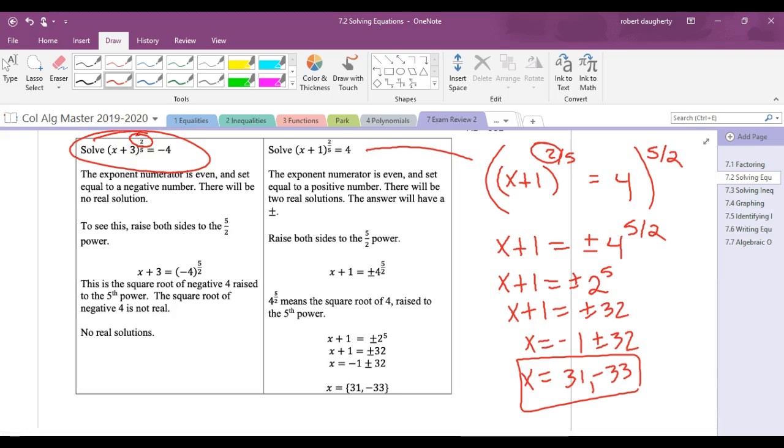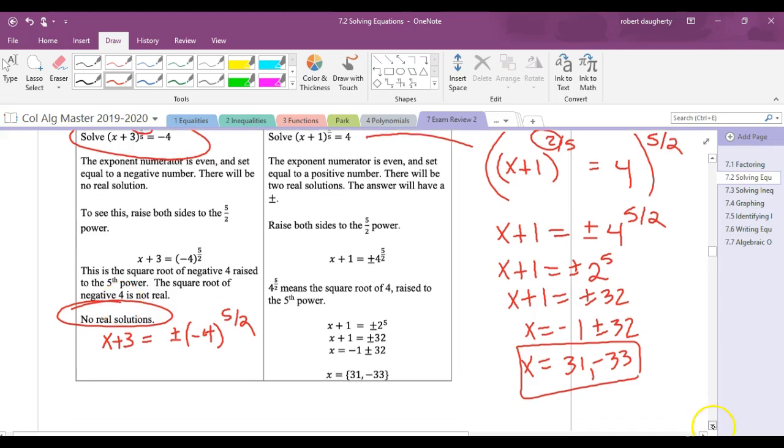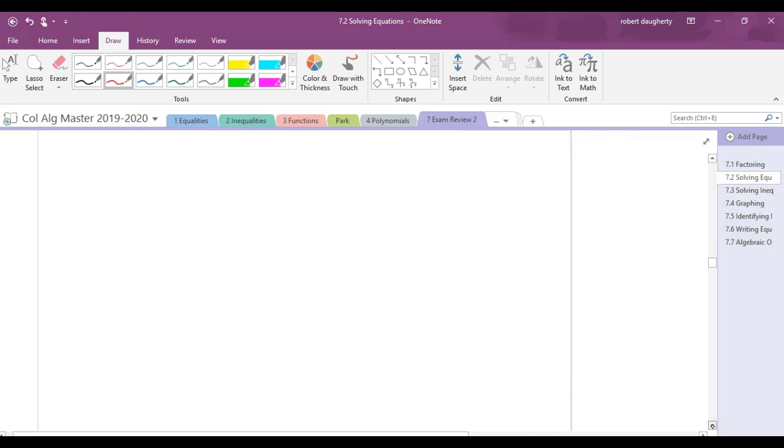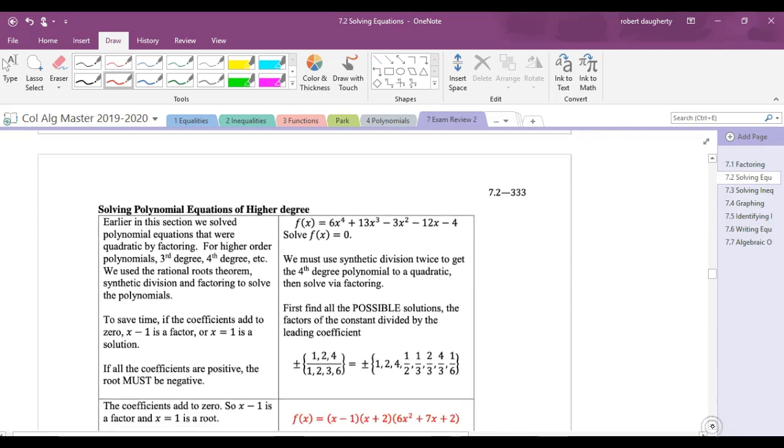If I were to try to do the same process, I would have x plus 3, when I raise it to the 5/2 power, is plus or minus negative 4 to the 5/2, okay? That would mean I'm taking the square root of negative 4 and raising it to the 5th power. There is no real solution here, okay? So no real solution when you have an even exponent as an integer or the numerator of a fraction set equal to a negative number.